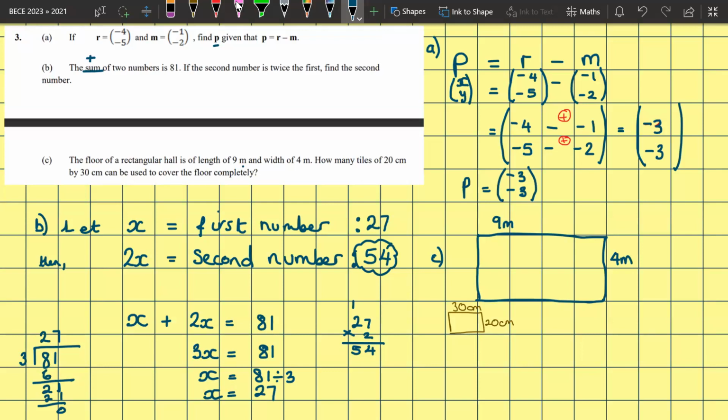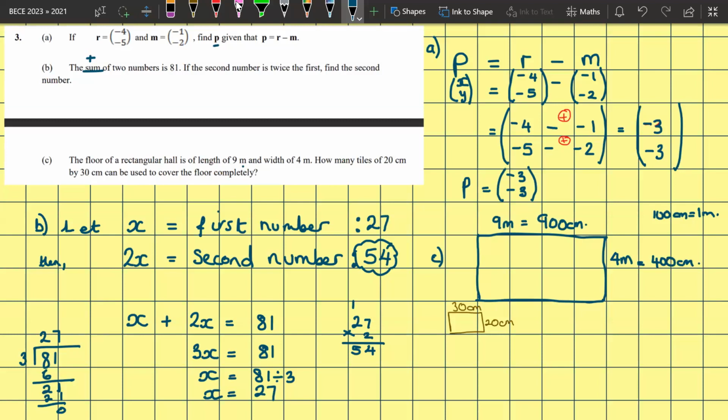And I know 100, you should know this, 100 centimeters represent 1 meter. So this 9 meters is the same as 900 centimeters. And my 4 meters is the same as 400 centimeters.